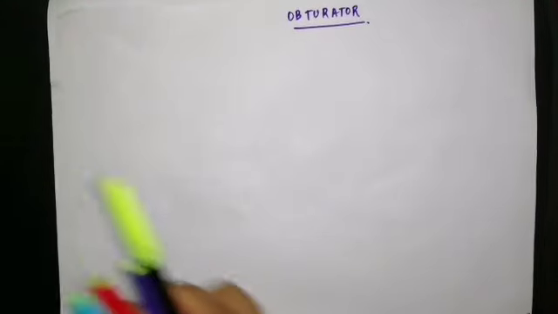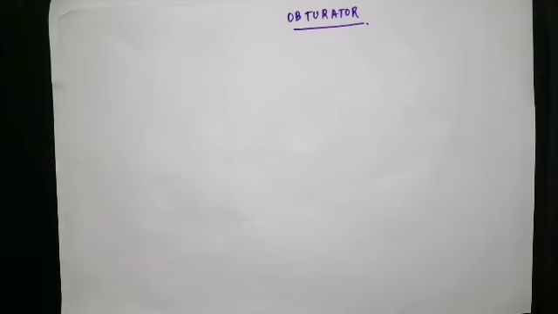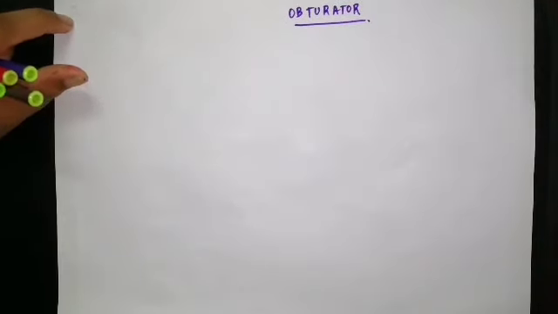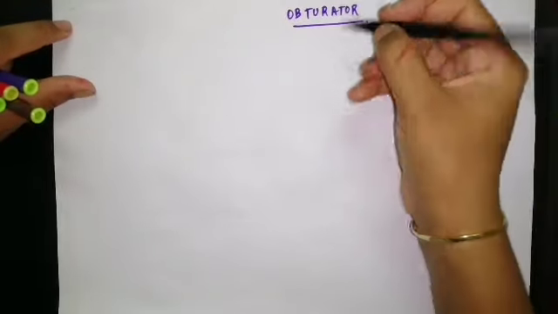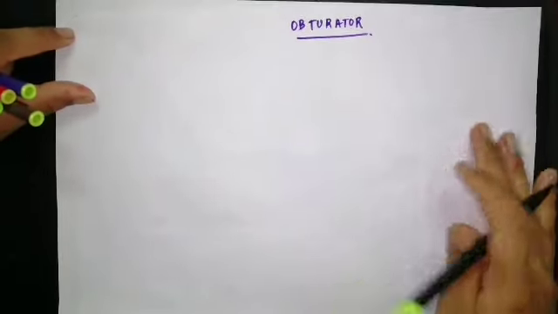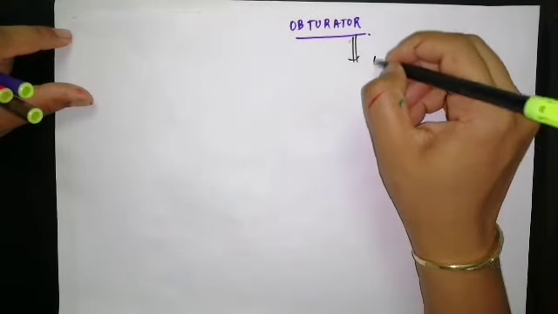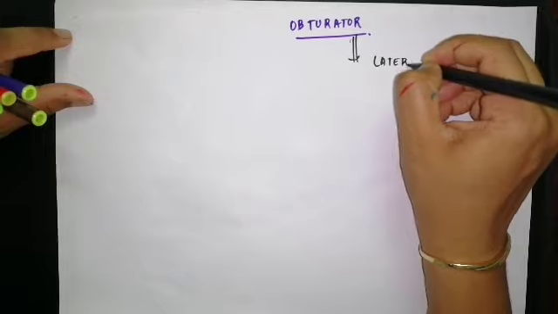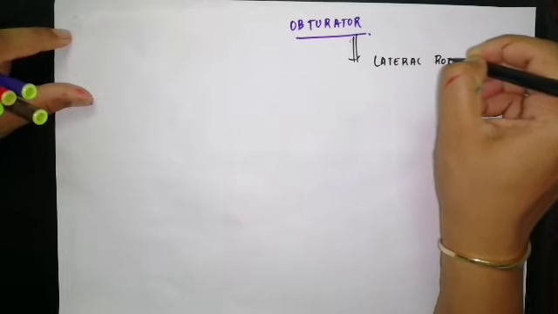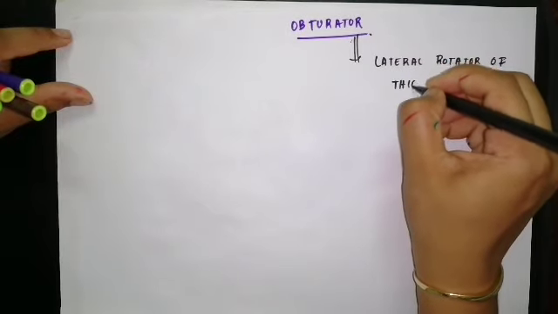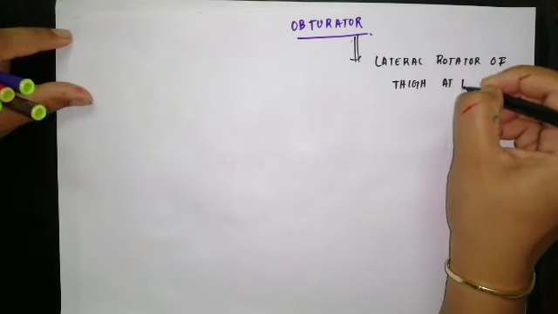Now this muscle originates from the outer margins of the obturator foramen and the ramus of the pubis lying around the foramen, passes through to the gluteal region, and gets inserted into the trochanteric fossa. It is the lateral rotator of thigh at hip joint.